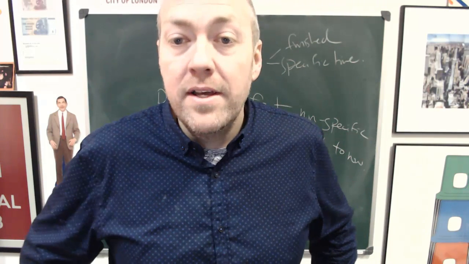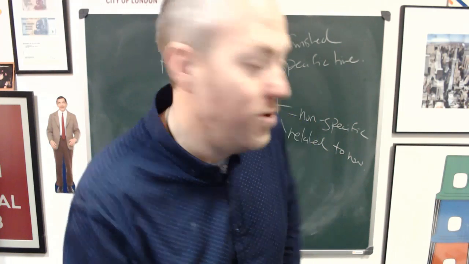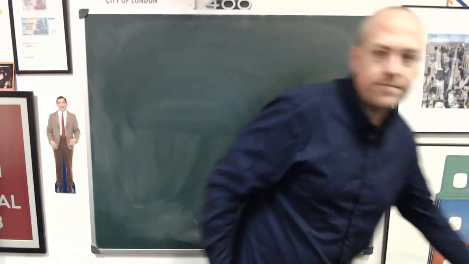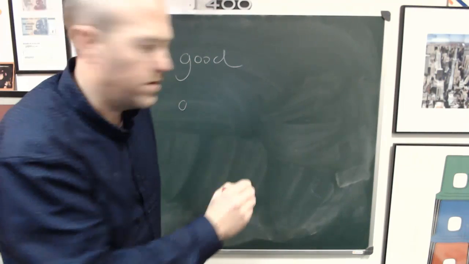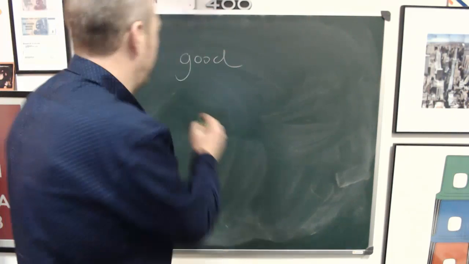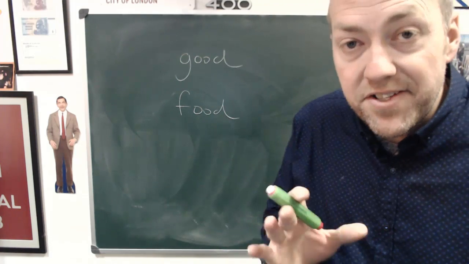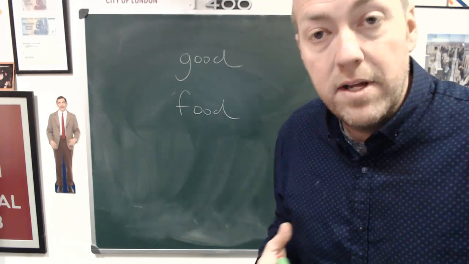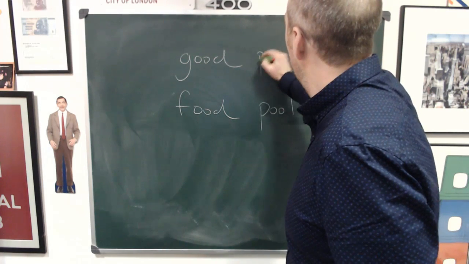Okay, so Kevin wants to know the difference between the U and the OO. Good, and what's the other word? Good, good. So this is exactly the same as I explained before between pool and pull.